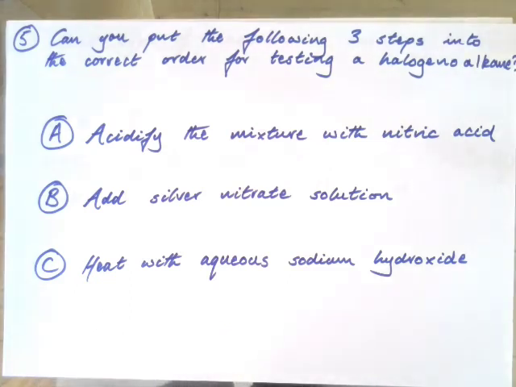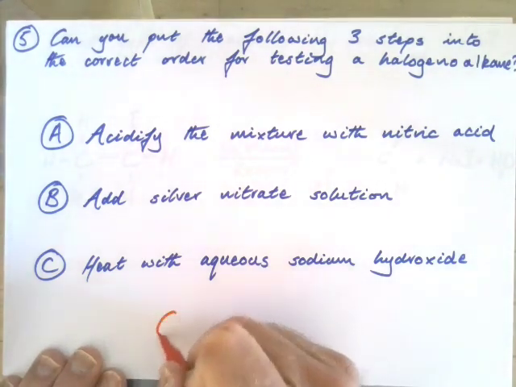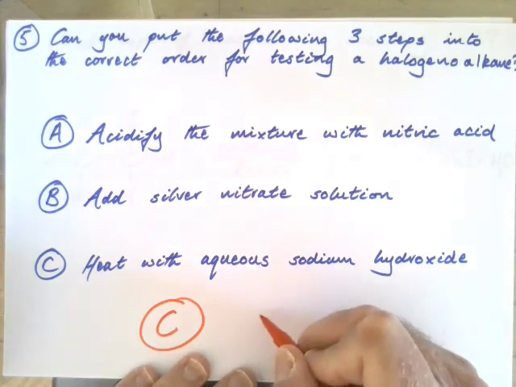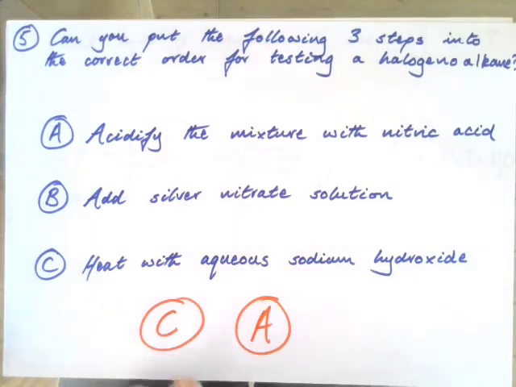Okay, so the first step that we should be performing here is step C. You should take your halogenoalkane and react it with aqueous sodium hydroxide in order to knock off the halogen. You're basically carrying out a nucleophilic substitution there, and you're releasing the halide ion into solution so you can test for it. The next part you should be doing is A. You should then acidify the mixture to make sure you've got rid of any excess sodium hydroxide that might be hanging around from the first stage.